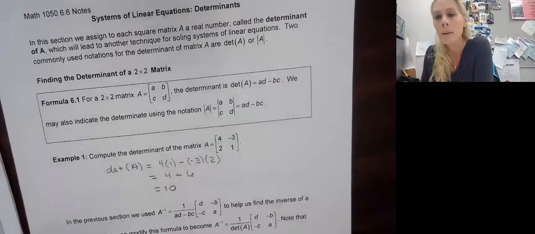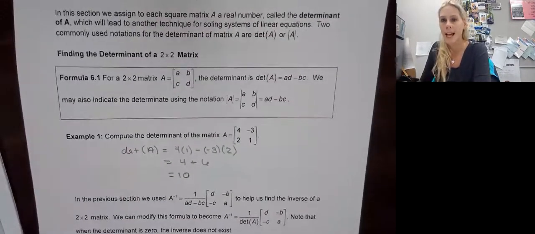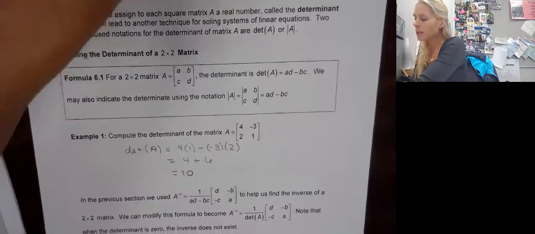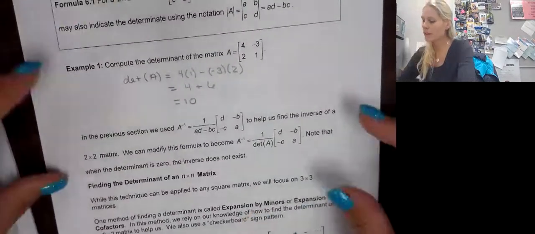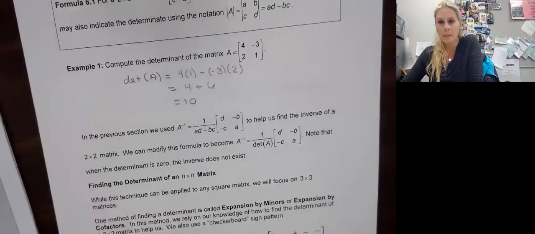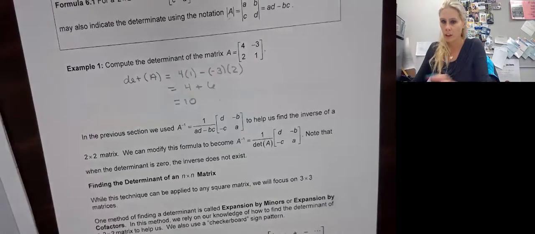So the determinant of this matrix A is 10. So as you can see, this little stuff down here tells you we've seen the determinant before. We used it when we solved for inverses, okay?